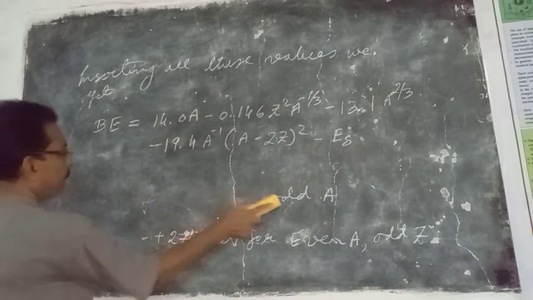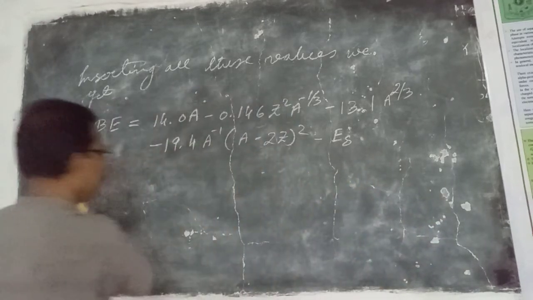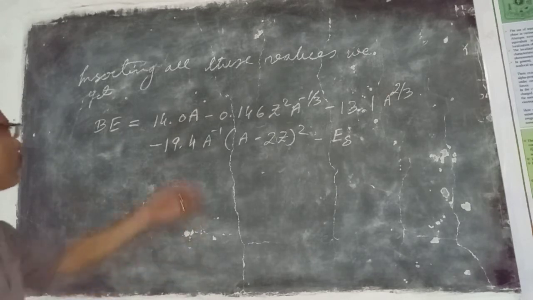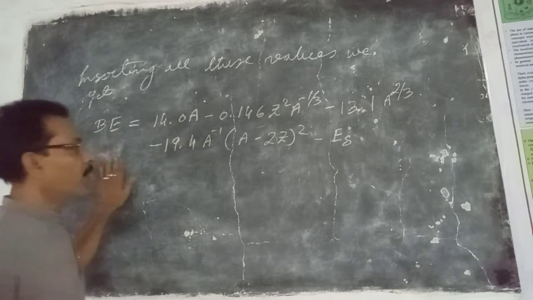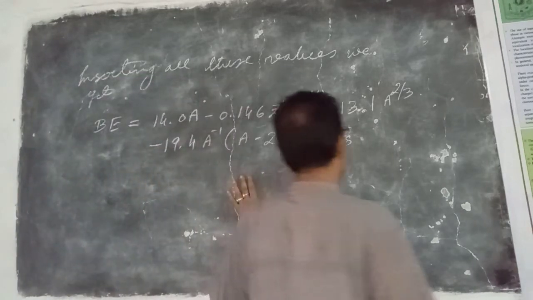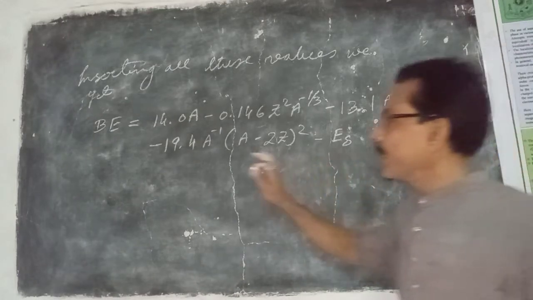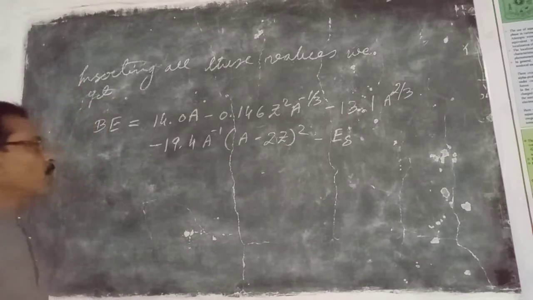So this is the binding energy formula. By substituting the values of different nuclides A and Z, one can find the binding energy of that particular nucleus. This semi-empirical binding energy or mass formula generates quite effectively the binding energies or masses of a particular atom or nucleus.